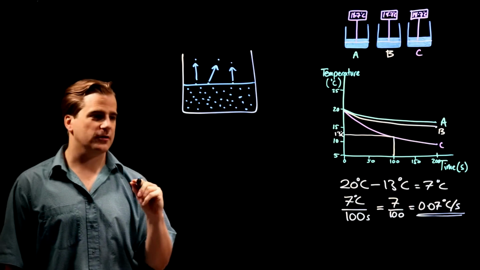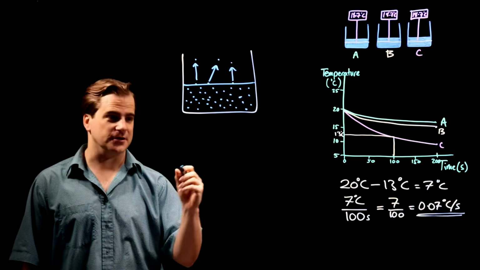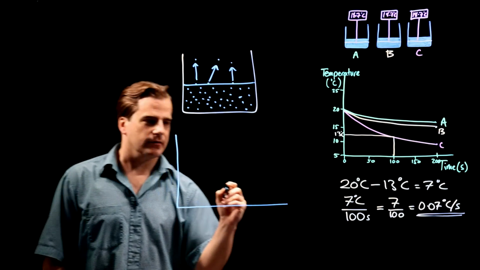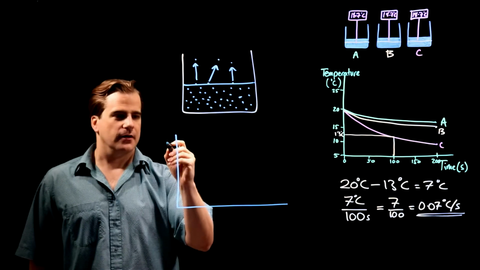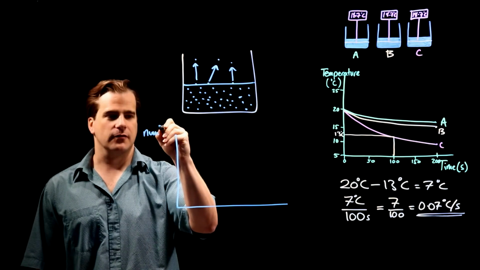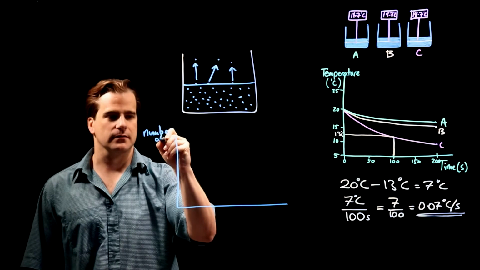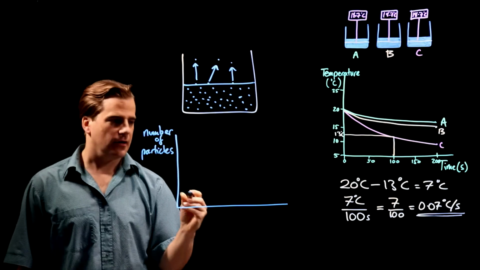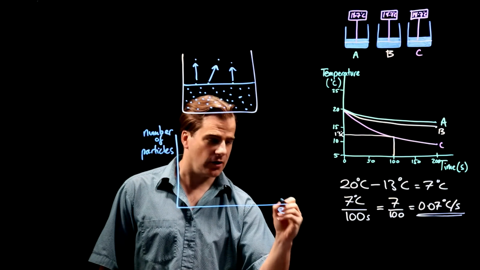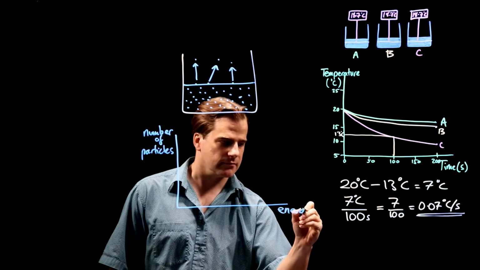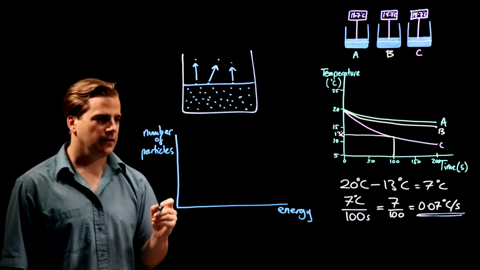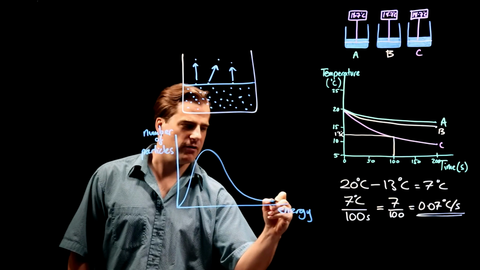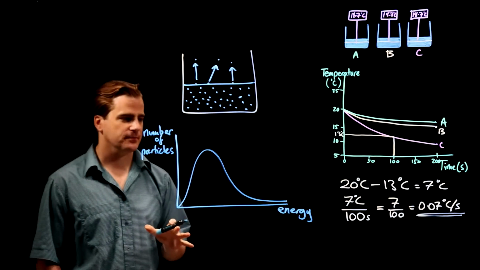There's this thing called the Maxwell-Boltzmann distribution, which looks like this. If you plot the number of particles against the energy of those particles, then you get a shape, roughly like that, okay?